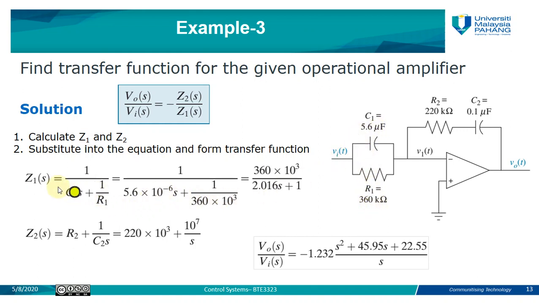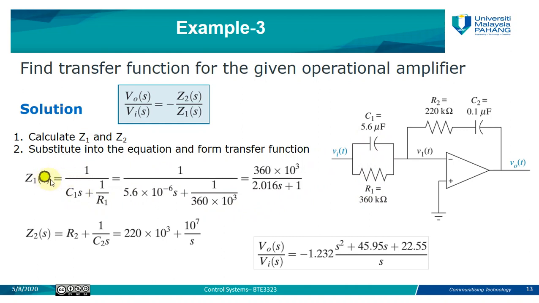When we need to calculate Z1 and Z2, if we start with Z1 here, Z1 is two elements in parallel. You need to find the impedance for C1 and the impedance for R1, then find the equivalent value for this impedance.